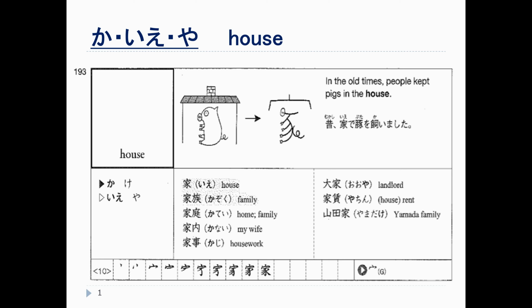Once again, ichi, ni, san, yon, go, doku, little curved, nana, hachi, kyu, ju.